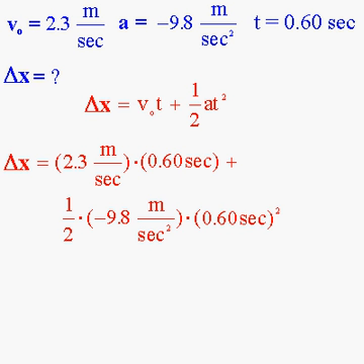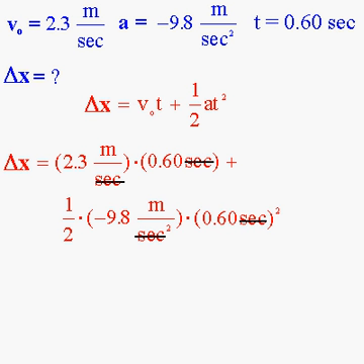If I look at the units, in the first term of the equation, the seconds cancel, leaving only meters. That's good because we're looking for displacement. In the second term of the equation, seconds squared cancel, leaving once again only meters. That's good because we're looking for displacement. Now let's work out the numbers. Since I've got an equation here where I'm multiplying and then adding, I'll have to multiply the terms out first.